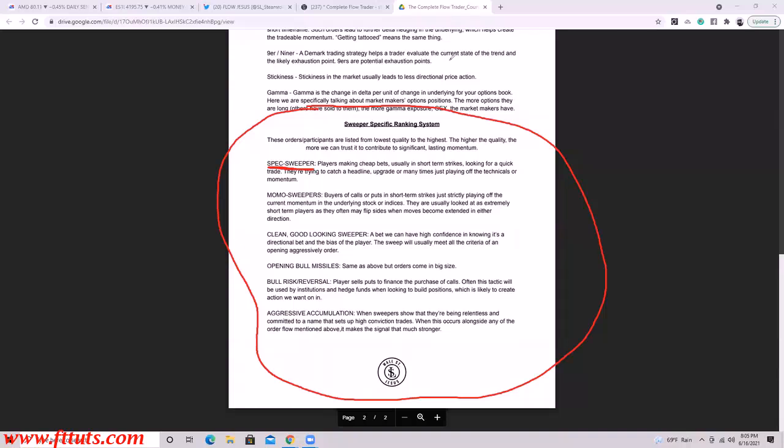Okay, so you have spec sweeps that really, they're not dishing out big premium. You see a lot of volume there. All right, off a catalyst, a known catalyst in an event. You see that often around events, earnings, investor days, stuff like that.